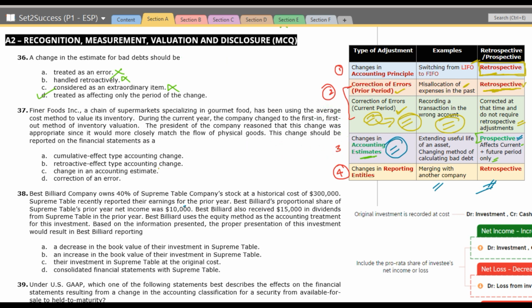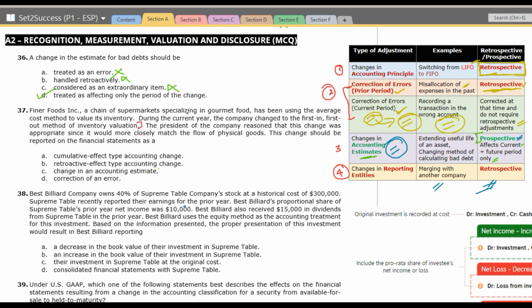Next, Finer Foods Inc., a chain of supermarkets specializing in gourmet food, has been using the average cost method to value its inventory. During the current year, the company changed to first in first out inventory valuation.